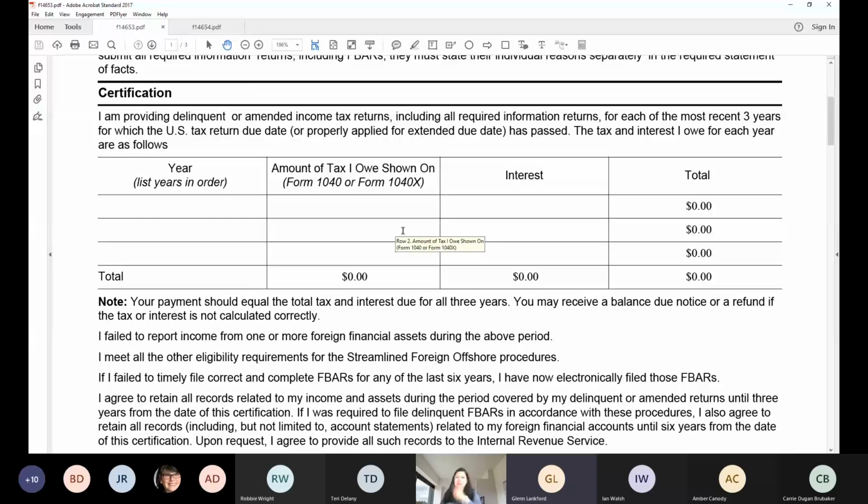A little trivia. Well, I didn't know that. So Glenn's question, and we're going to go back to our topic, but this is fun. Can anyone name the only other country in the world that taxes its citizens on their worldwide income regardless of residency? Aside from the US, right? Yeah, aside from the US. Nope.